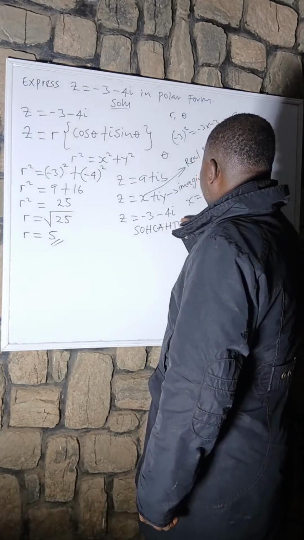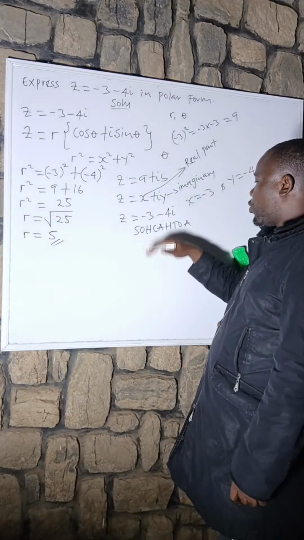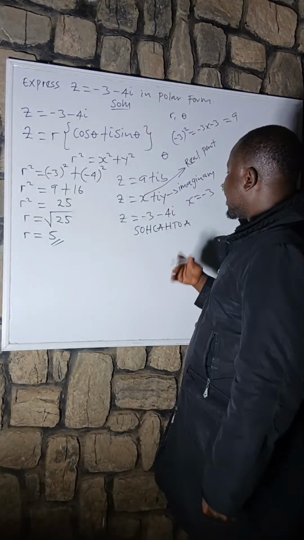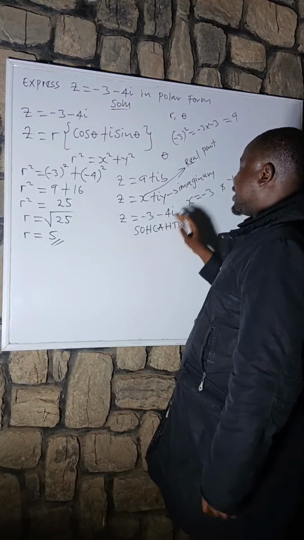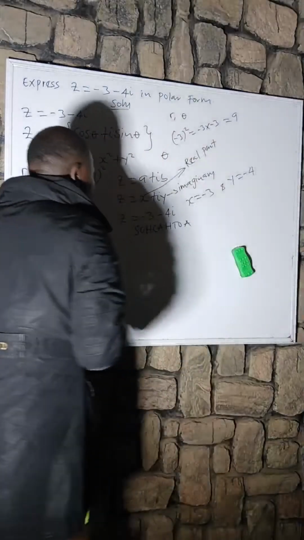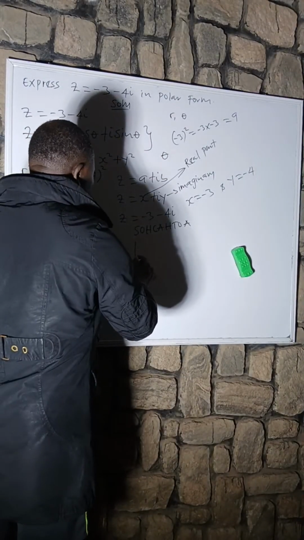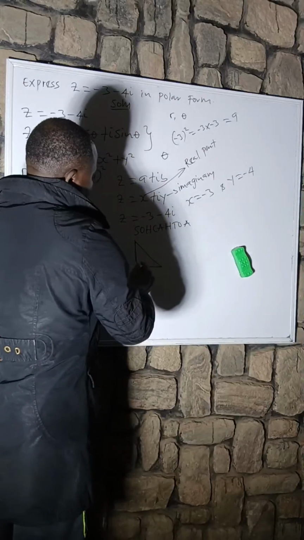Which of sine, cosine, or tan can fit x and y? We know that by the time we go back to draw our right angle triangle, let's have it in this form.